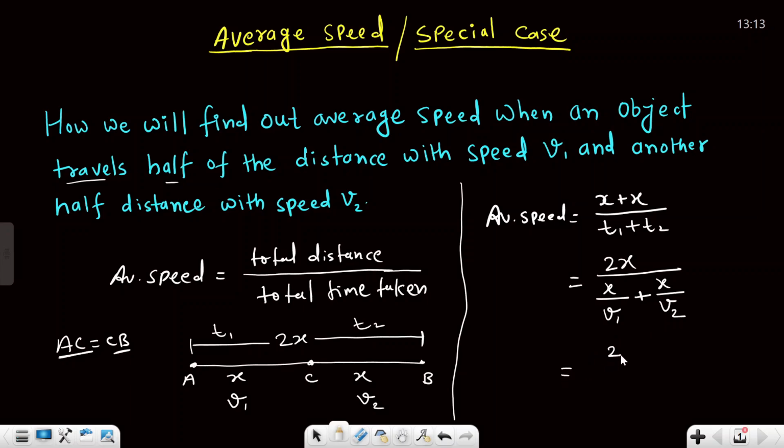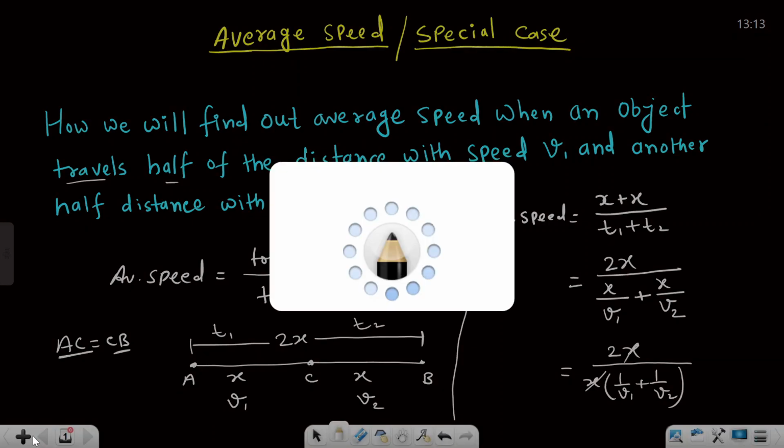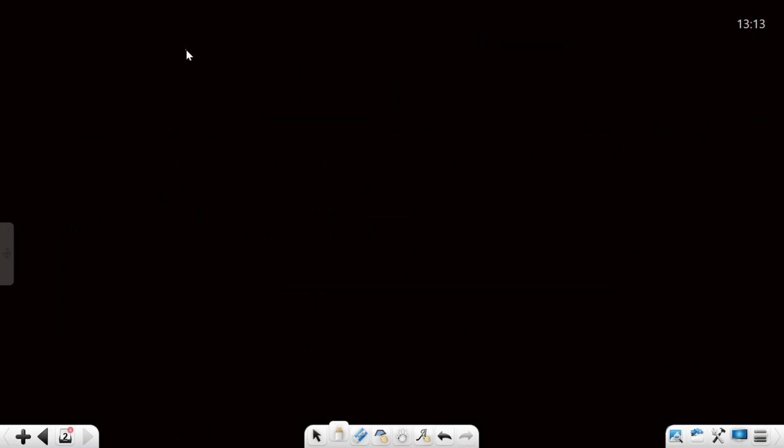So in the next step, we will just take x common from both terms and we can write 1 by v1 plus 1 by v2. So x and x will be cancelled out and the remaining part will be 2 divided by 1 by v1 plus 1 by v2.